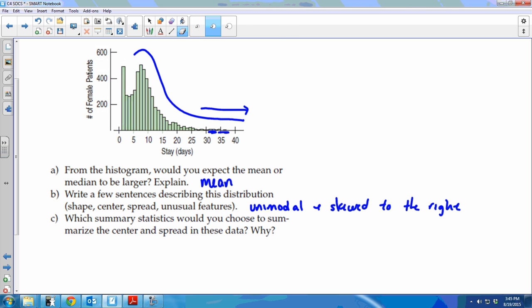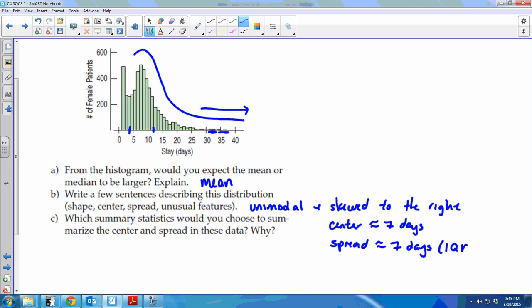All right, if we're going to talk about the center and spread, we can make some estimates. We can say the center might be at about, I don't know, 7 days. We can give the spread. We can talk about the range if you want to. We can talk about the IQR. It seems that the IQR is probably somewhere within here, right? So spread of about 7 days.